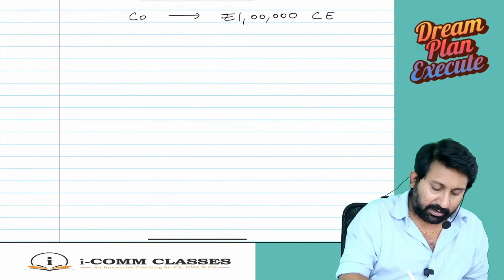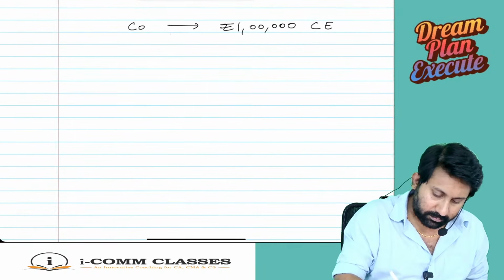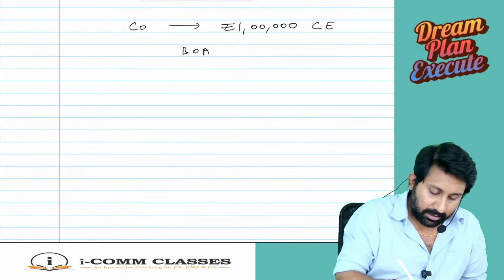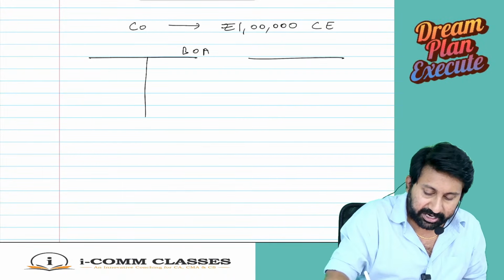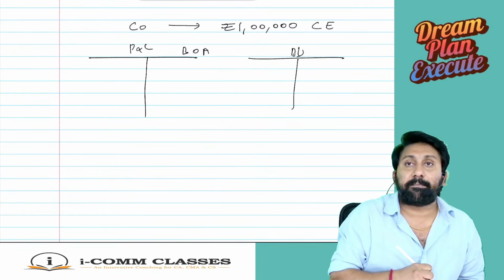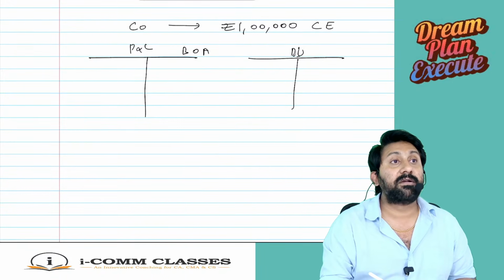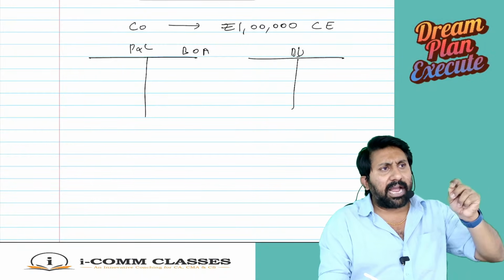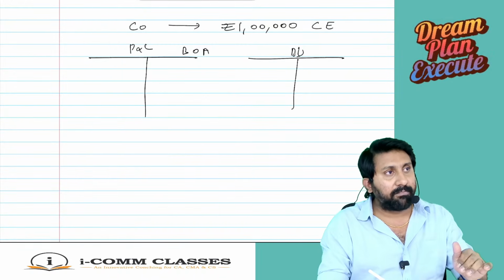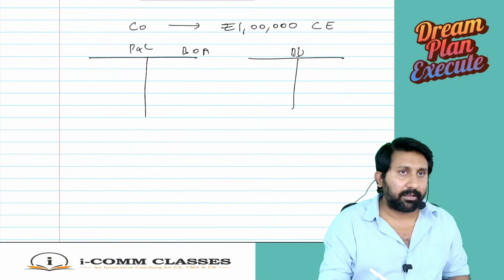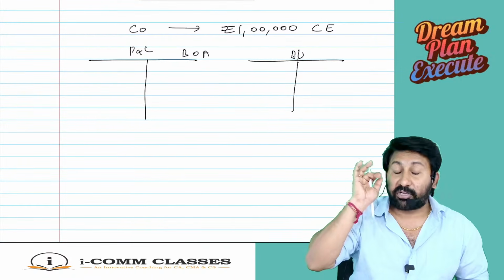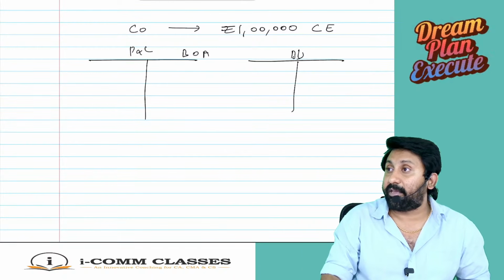In our books of accounts, there are two very important statements. One is the P&L, another one is the balance sheet. In the P&L, all items in the nature of revenue, whether revenue income or revenue expenditure, sales of goods will be revenue nature.